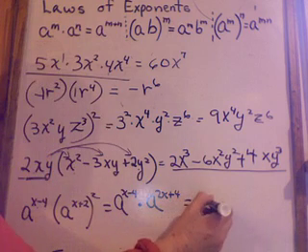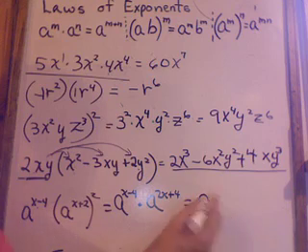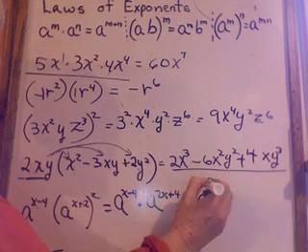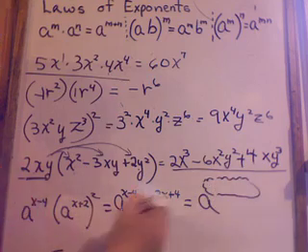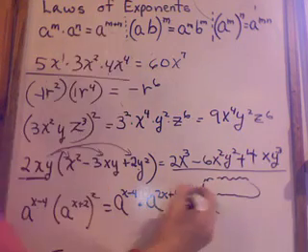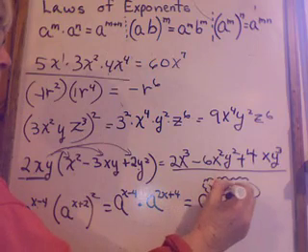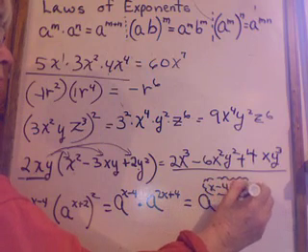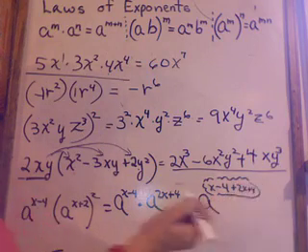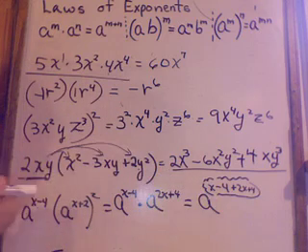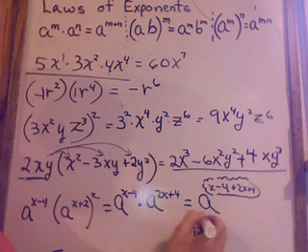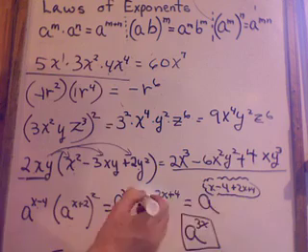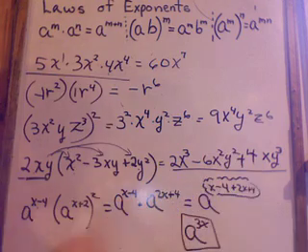So the answer is going to be a to some exponent. I like to put a little think balloon here for my work. So what am I going to do? I'm going to add x minus 4 plus 2x plus 4. Use my little think balloon there to get the answer, and it becomes a to the 3x. What happens to the 4's? Minus 4 plus 4. Gone.